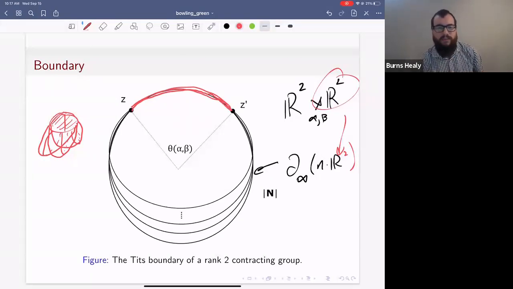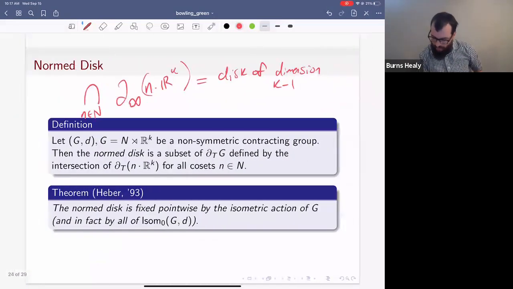But this is what gives you the hope that you can mine the boundary for some information about this group. For example, Heber, I guess it was '93, maybe it was '93, says, okay, this special region, he calls it the spherical cap as opposed to the norm disk. What he observes is that G acting by left translation always fixes this norm disk.